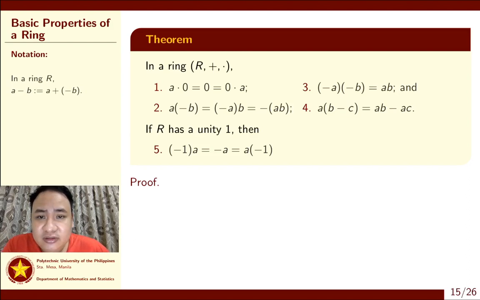On the number 2, a times the inverse of b under addition is equal to the inverse of a times b, and that these products are equal to the inverse of the product AB. So, parang familiar ito. No? So, these are basic algebraic properties na alam nyo na noon.